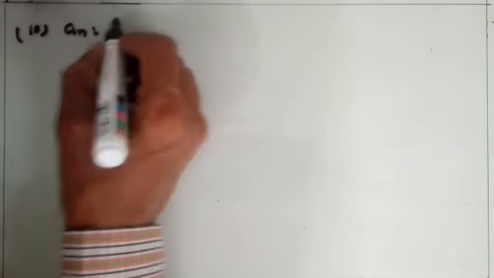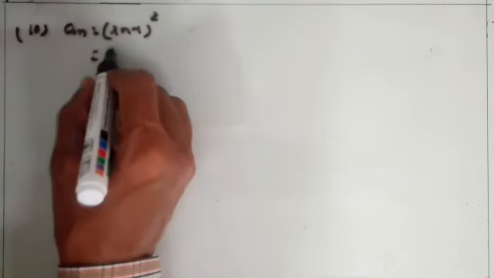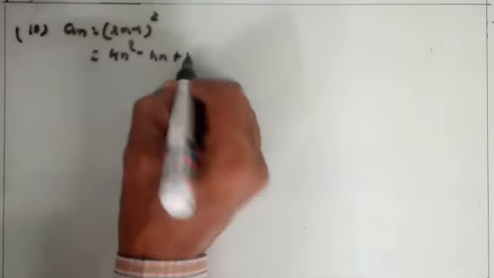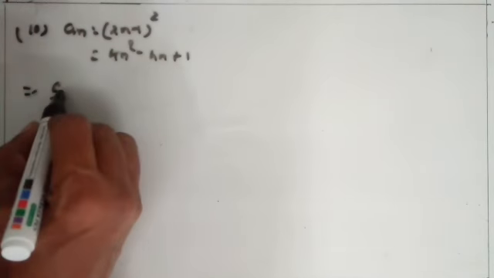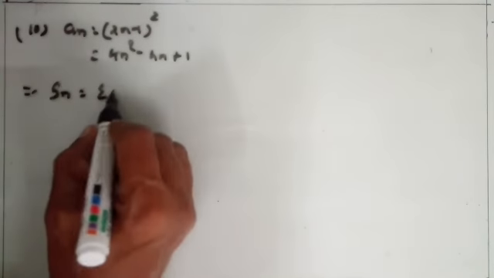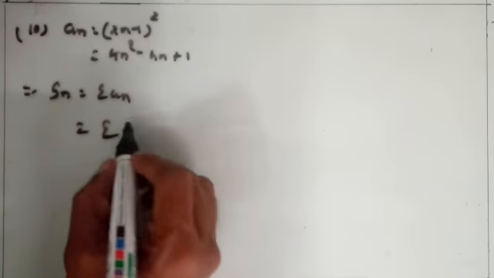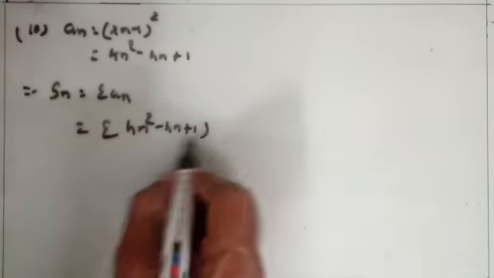Now last question 10. Here the nth term a_n is equal to (2n minus 1) raised to 2 given, that is 4n square minus 4n plus 1. Now find the sum of n terms. So Sn is equal to sigma a_n, and sigma a_n is equal to, we have 4n square minus 4n plus 1. Clear?